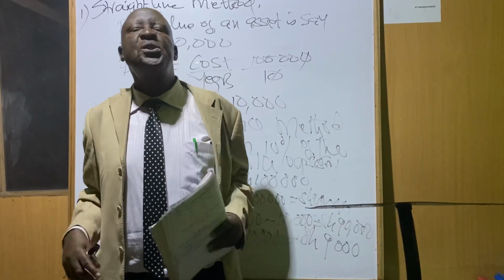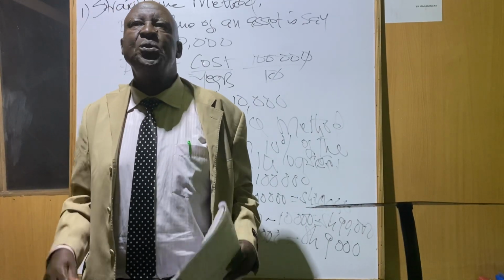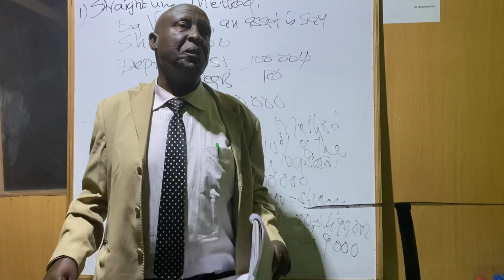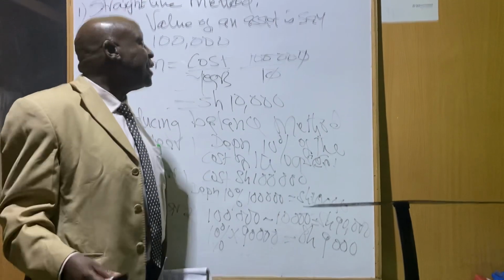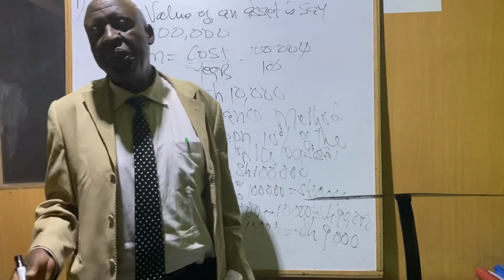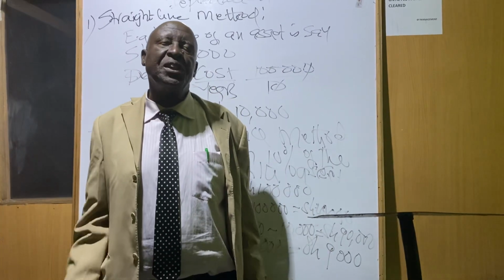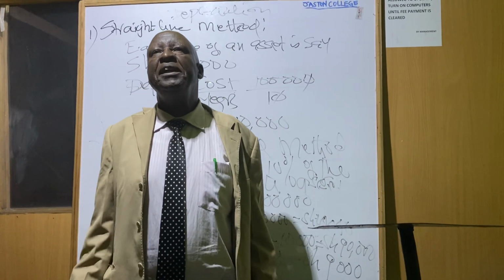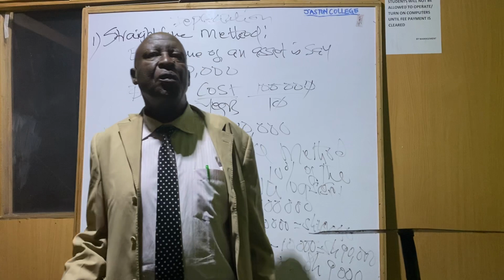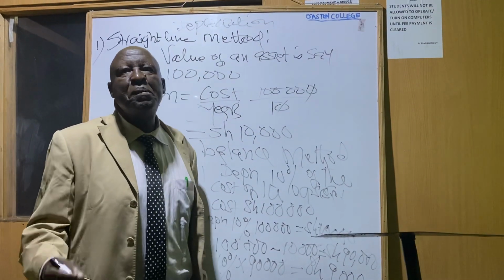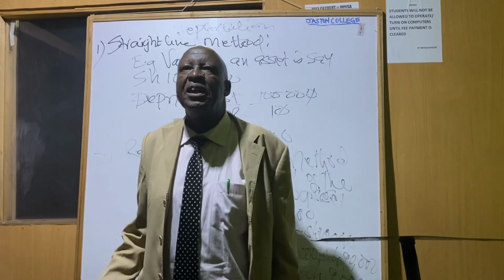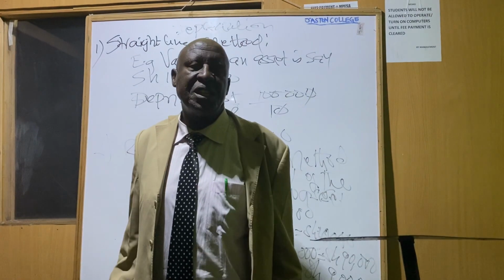It tends to lose its value when used for a long time. And the loss of value may be due to physical factors, and others may be economic factors. For example, physical factors may be decay, rust, or even accident.